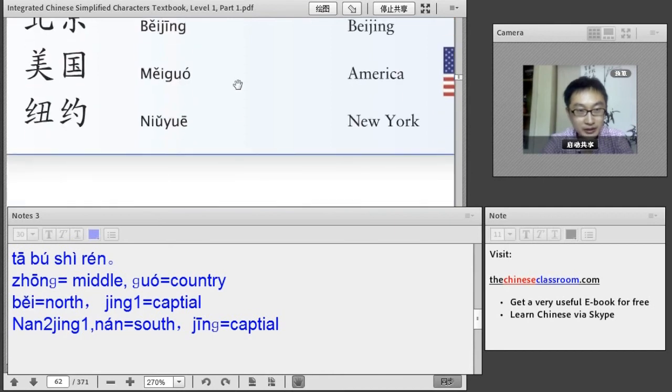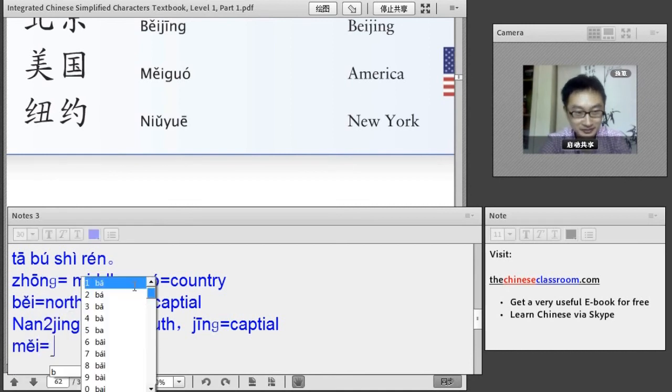Then 美国, American, of course American. And you remember, 国 is country. But what does the character 美 mean? I said each character has its meaning. 美 means beautiful.